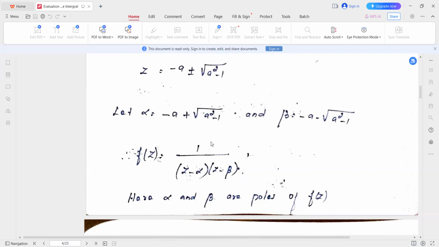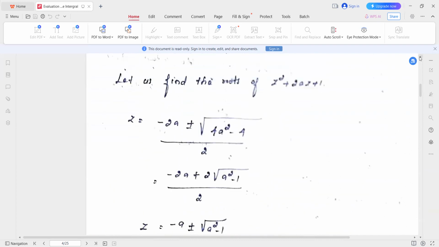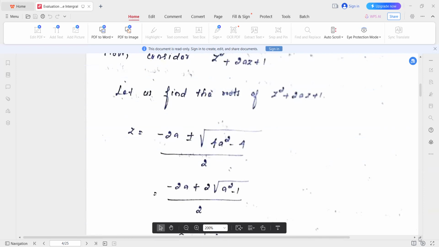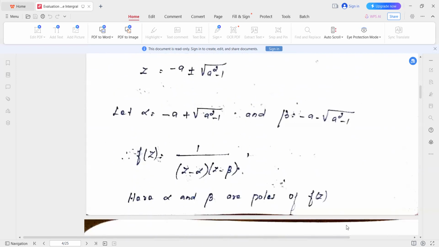Therefore f of z is equal to 1 by (z minus alpha) into (z minus beta), where alpha and beta are roots of the quadratic equation z square plus 2a z plus 1, and alpha and beta are poles of f of z.